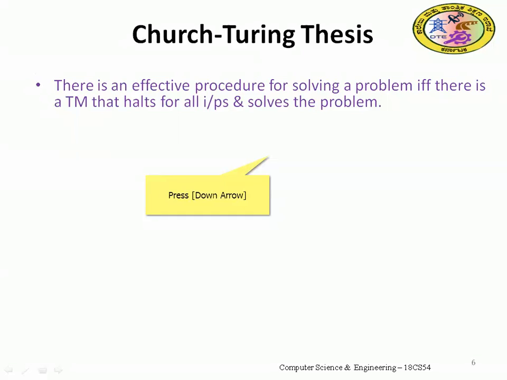Those Turing machines which halt accurately for all inputs are called effective. Such a procedure is called the Church Turing thesis, right?